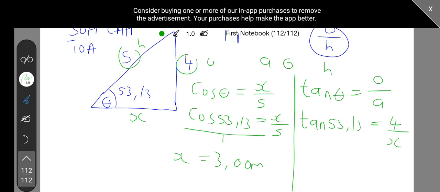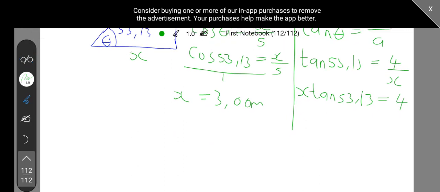And here we actually have x tan 53,13 is equal to 4, because you cross multiply. And we're going to divide both sides by tan 53,13, leaving x on its own. Let's see what we get there. We're going to say it's 4 divided by the tan of 53,13, and our answer here is also 3,00.